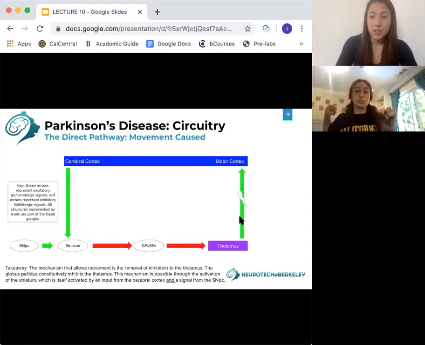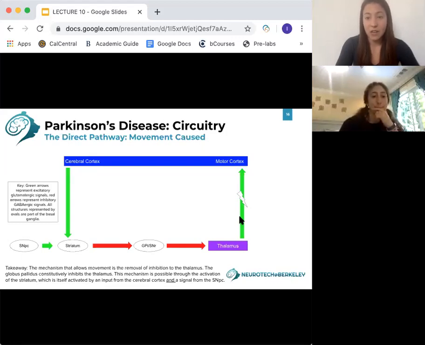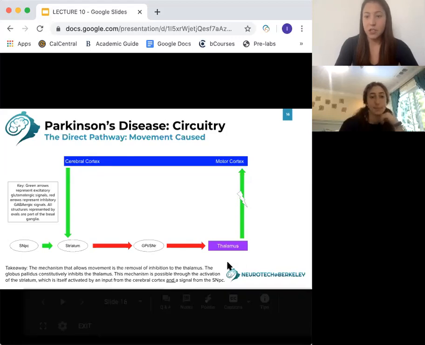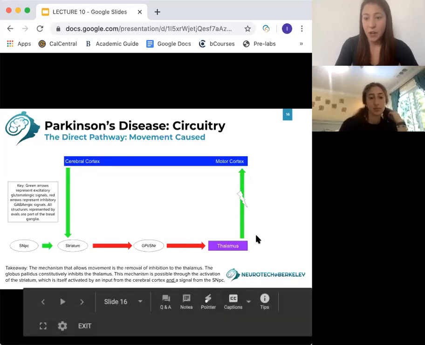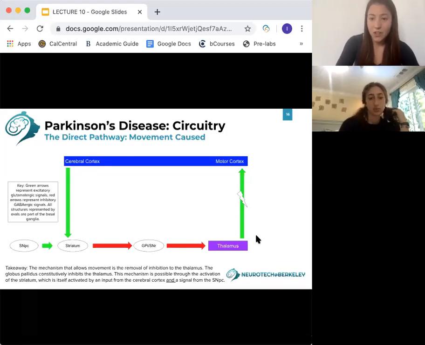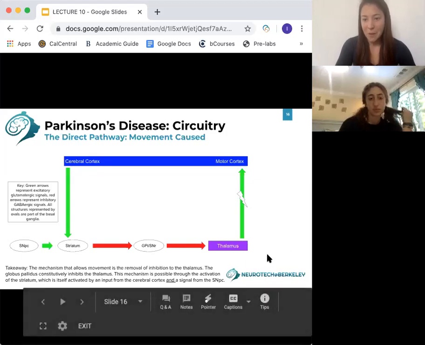Within this circuit, there is activated activity and constitutive activity. The globus pallidus and the substantia nigra reticulata both constitutively inhibit the thalamus. This means there's continuous activity there. Without this inhibition, the thalamus would constantly stimulate the motor cortex and we wouldn't be able to stop moving.